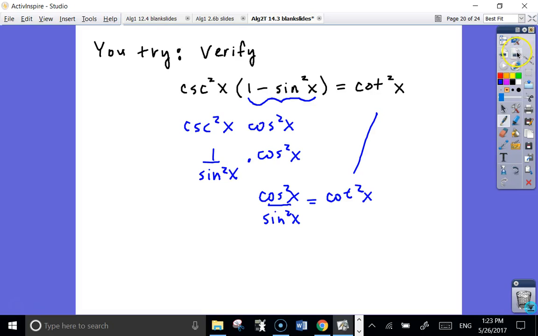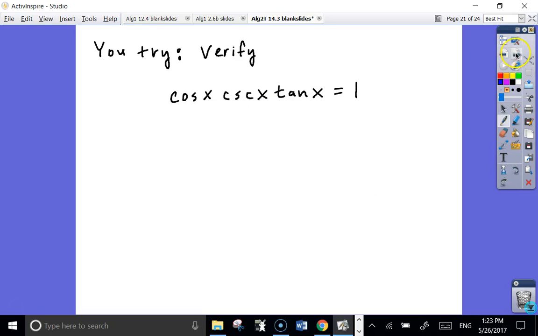Okay, I got 2 more. Here's one. Verify. So we've seen something just like this, right? This is a turn into sines and cosines and see what cancels. Cosine is the same. Cosecant is 1 over the sine.